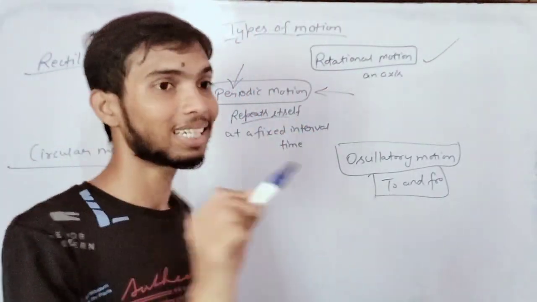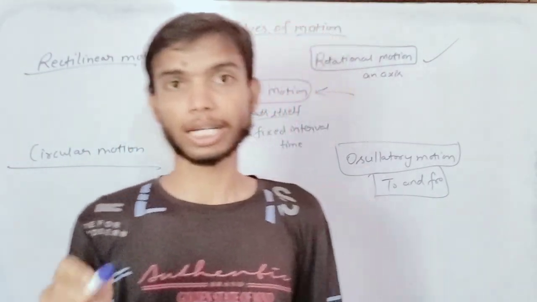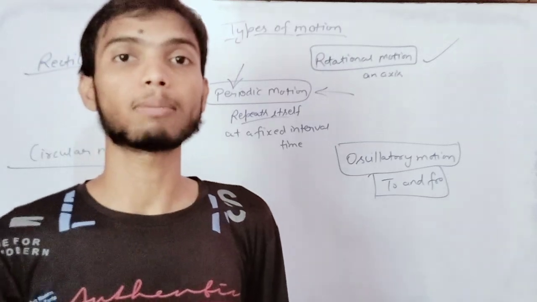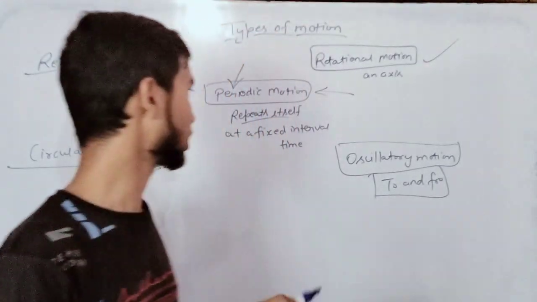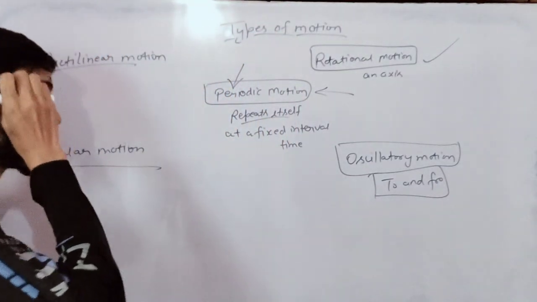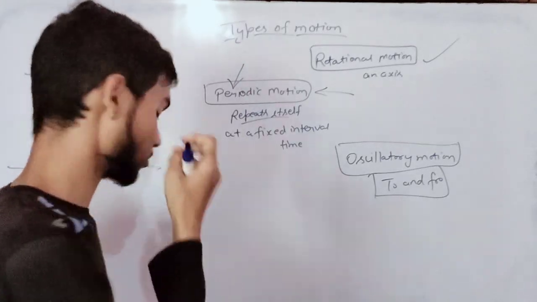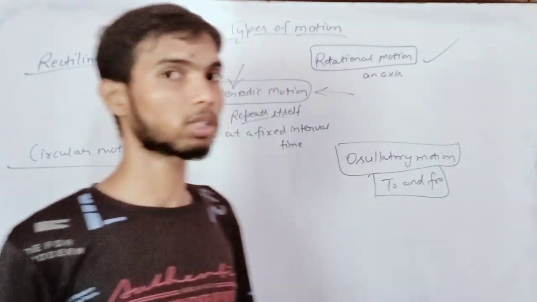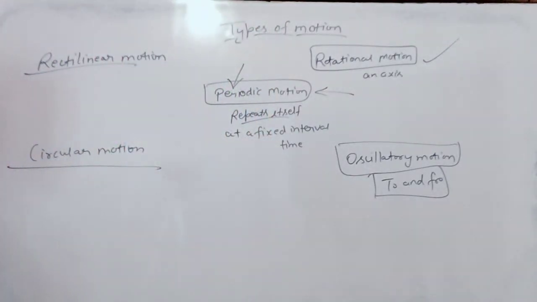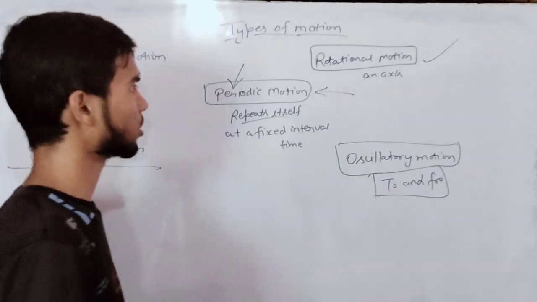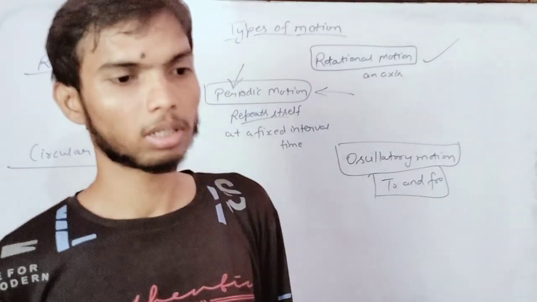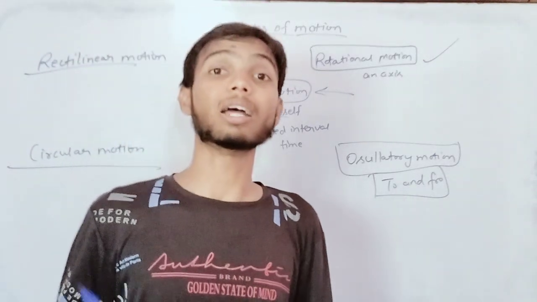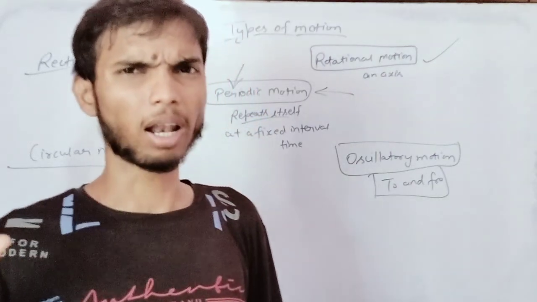So here time will be fixed. It means time is the interval. At a fixed interval of time, the object is moving, so we would say that the motion of that object is periodic motion. The object will repeat its motion.